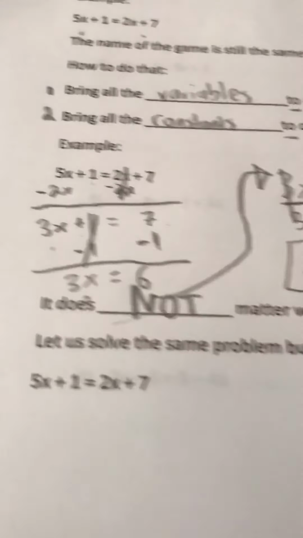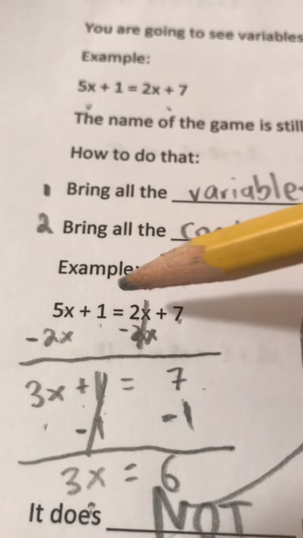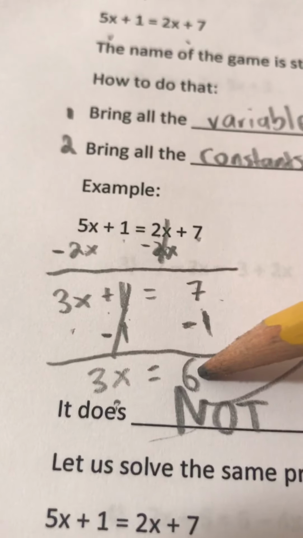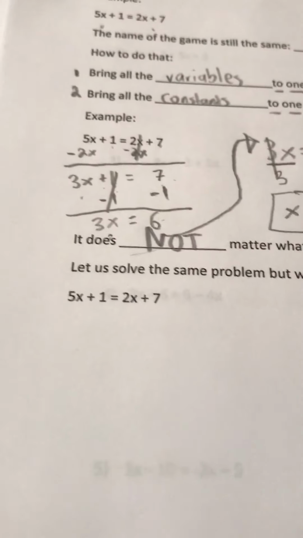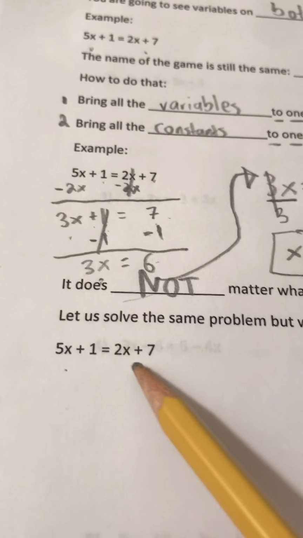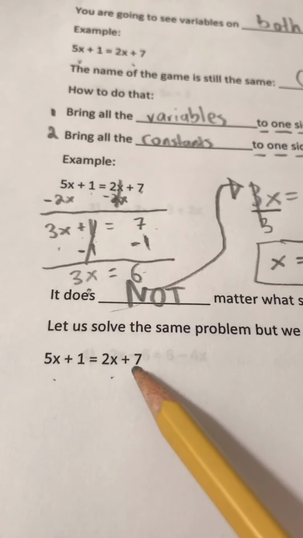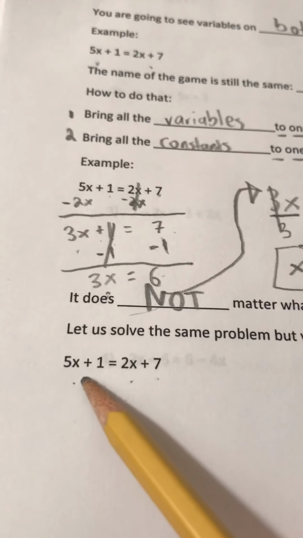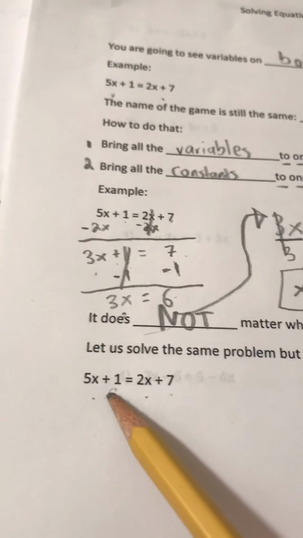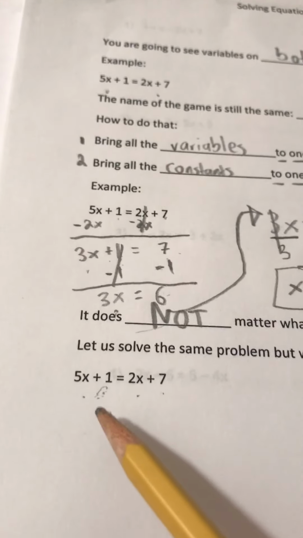Okay, what do I mean by all this? In this case over here, I had brought all the variables to the left side, and then I had brought all the constants to the right side. If I wanted to, I could bring the variables to the right side instead, and the constants to the left side instead. It doesn't matter which side you pick as long as you stick with it.